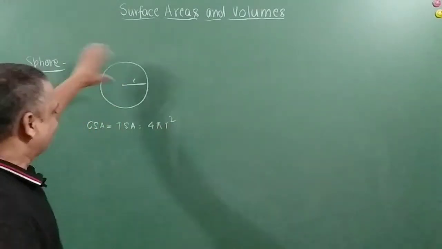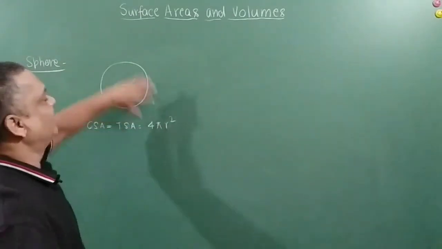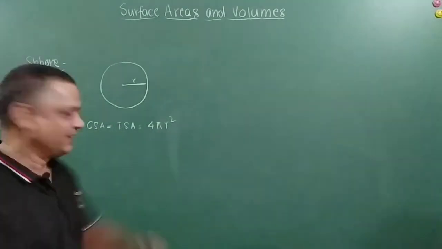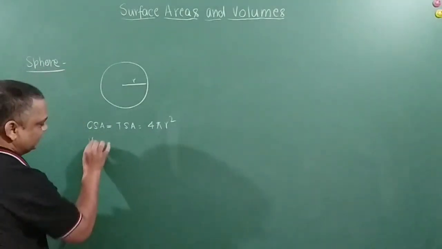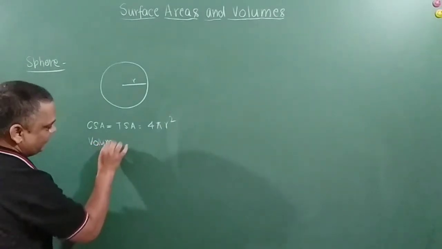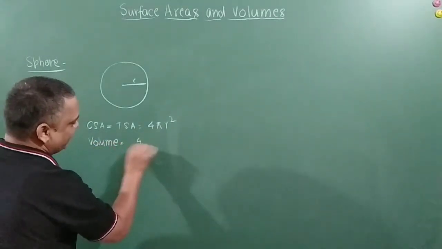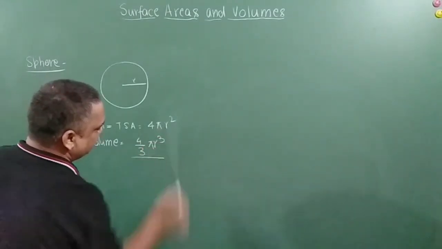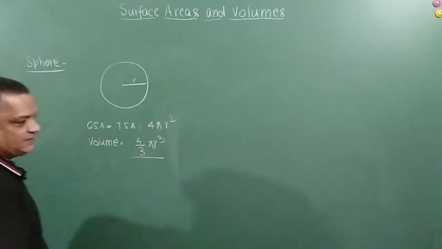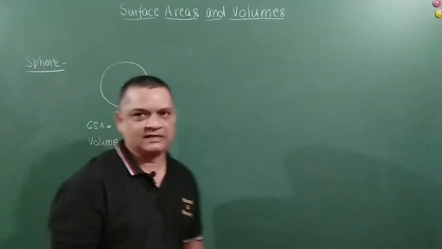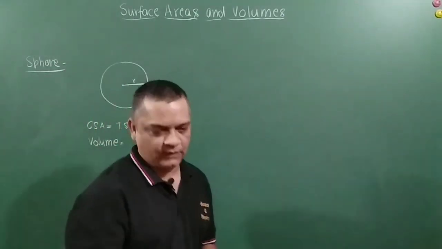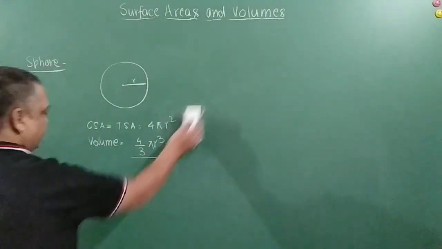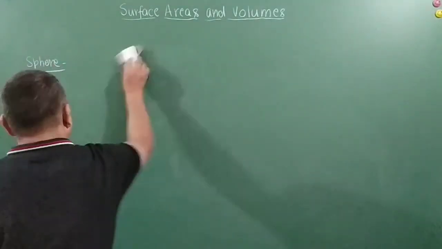Lateral surface area or curved surface area and the total surface area are both the same here, that is 4 pi r square. Correct. Then comes volume. Volume is equal to 4/3 pi r cube. The derivation of these two things we will not consider here. It is for higher classes.